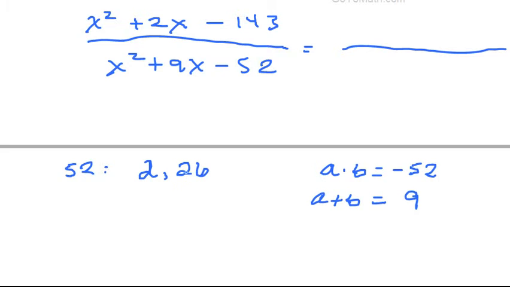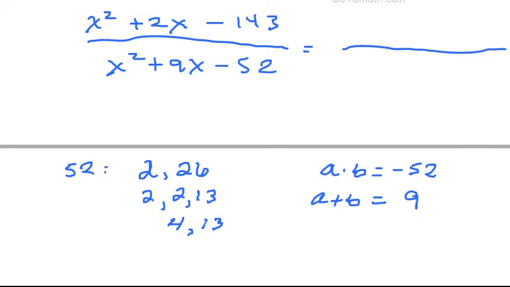So let's go ahead and break this down some more. And we know that 26 can be broken down to 2 and 13. So we got another 2 here. And so that could actually be 4 and 13, couldn't it? Now, if we did 4 and 13, we could get 9, right?